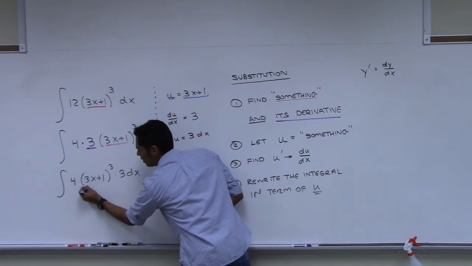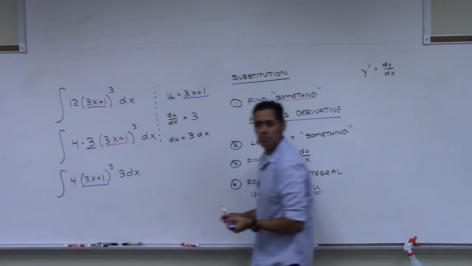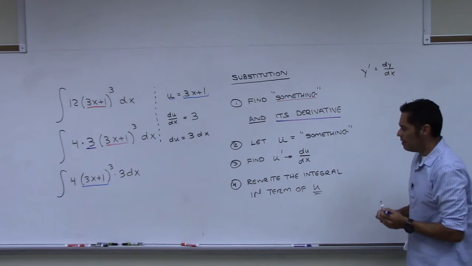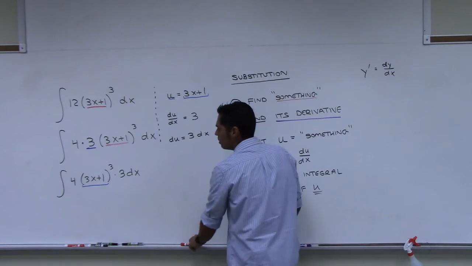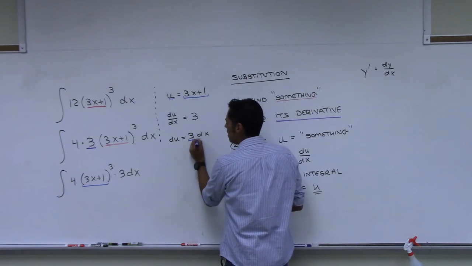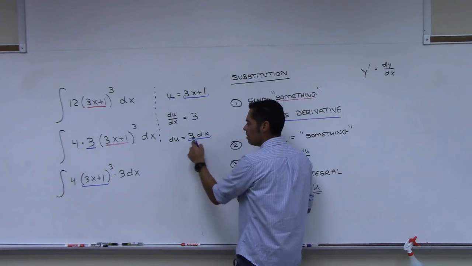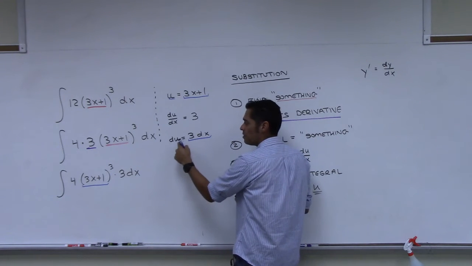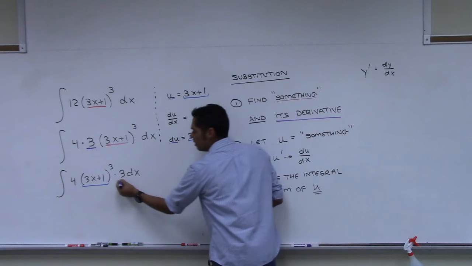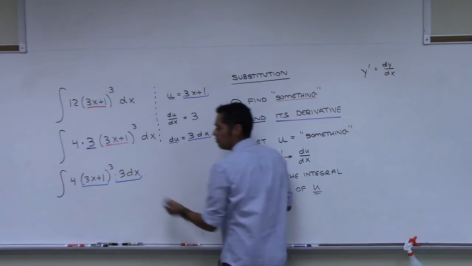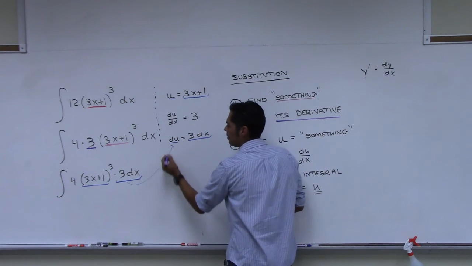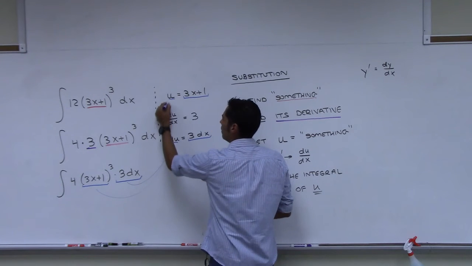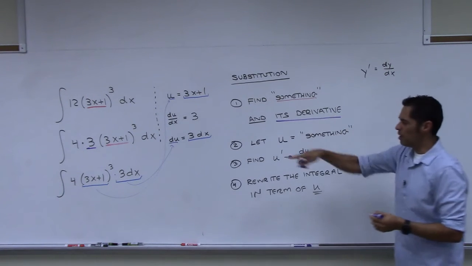Then anywhere I see 3 dx, I can replace it with du. That's going to become that, and that is my u. My arrow should probably go the other way.